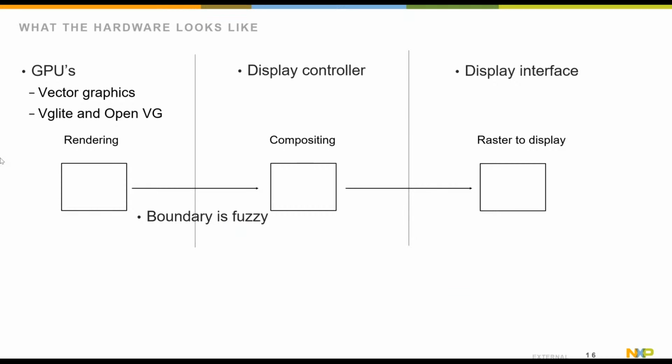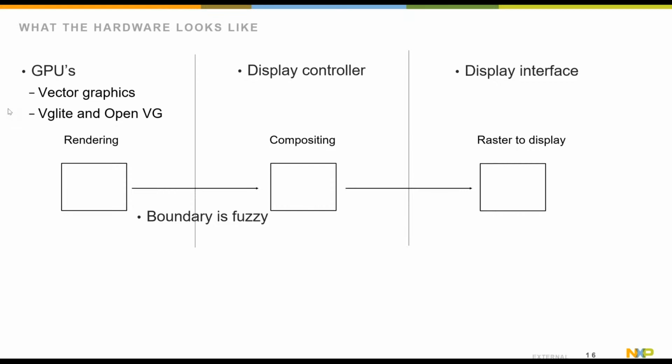Damn. Okay, so let's go to what the hardware looks like. Right now, in our parts, we have GPUs, and on the lower end we're using vector graphics GPUs that support VG Lite or OpenVG, and they take care of all the rendering. Then we have display controllers that take care of some of the compositing. But that boundary is fuzzy.